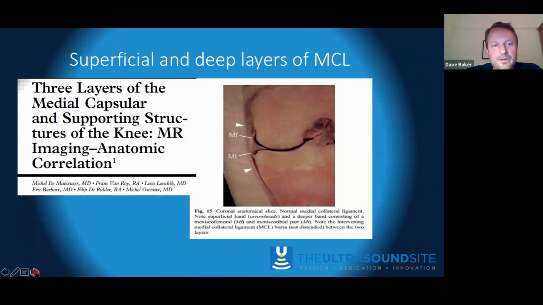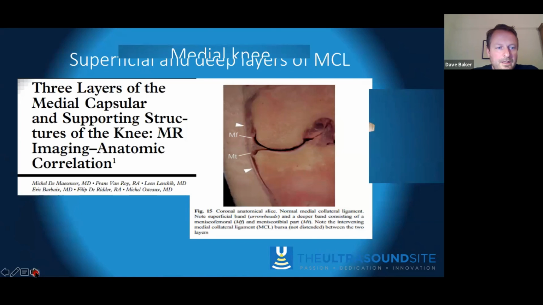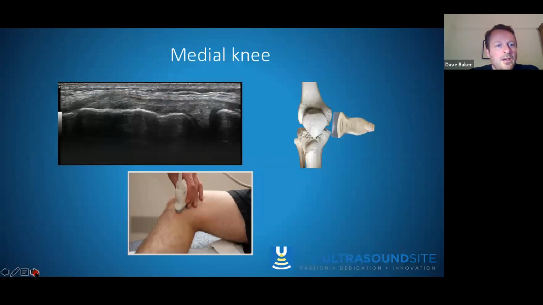Here we were looking at the anatomical slice, and you can see the superficial layer of the medial collateral ligament, and then deep to that you have the meniscal femoral ligament and the meniscal tibial ligament depicted on our image there. If we then go to the next image, you can see the different layers of the medial collateral ligament on ultrasound.